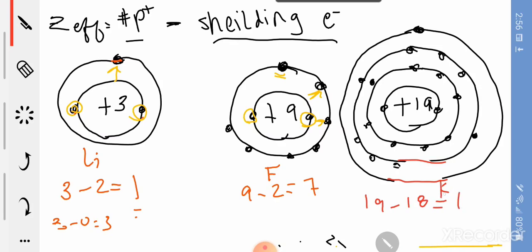And what we see is that we have the exact same effective nuclear charge as we do in lithium, even though potassium has way more protons. And what's going on is that there are so many energy shells that this final, very lone valence electron only feels one part of this attraction energy from the nucleus, just like lithium.